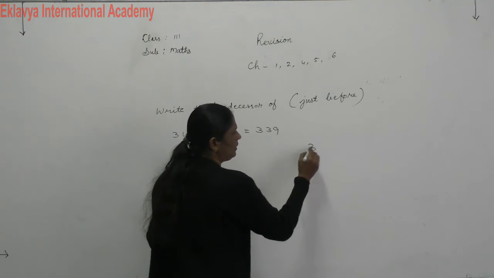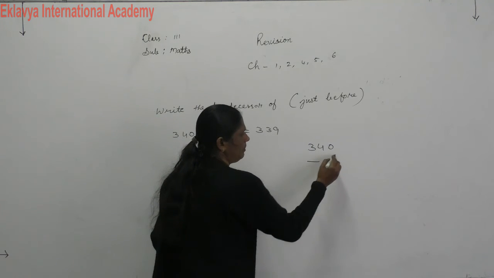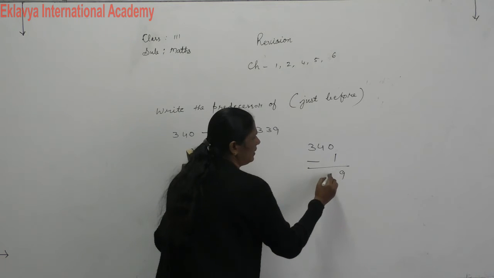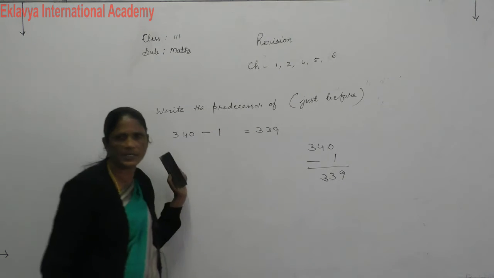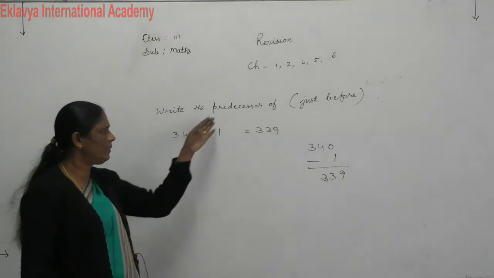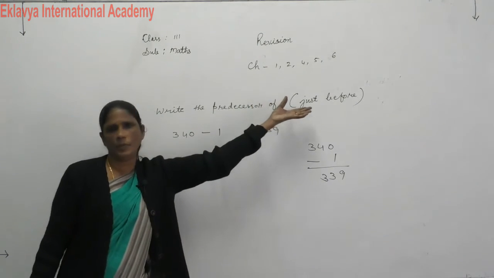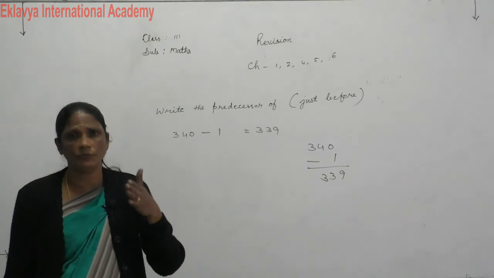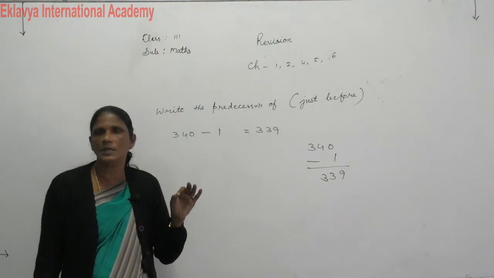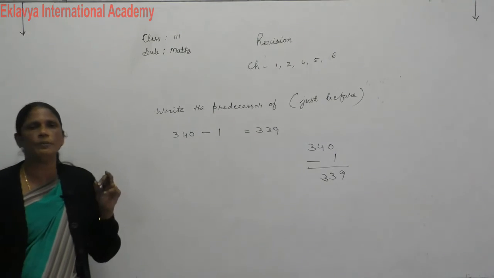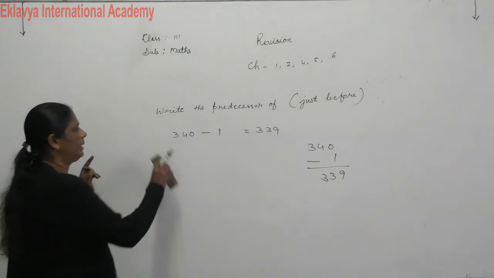You write it this way, then minus 1, then 9, then 3, then 3. Understand? To get a predecessor, we subtract 1 from the given number.